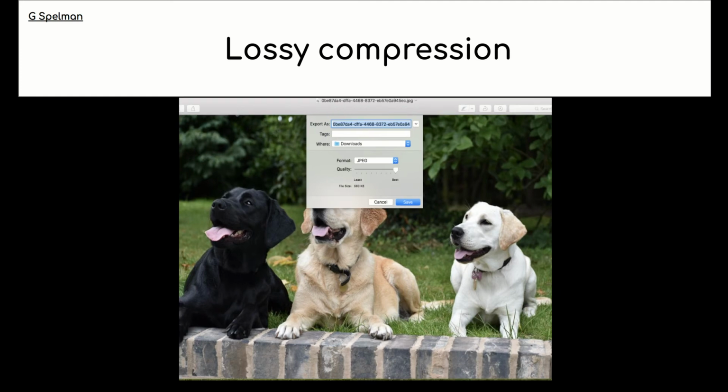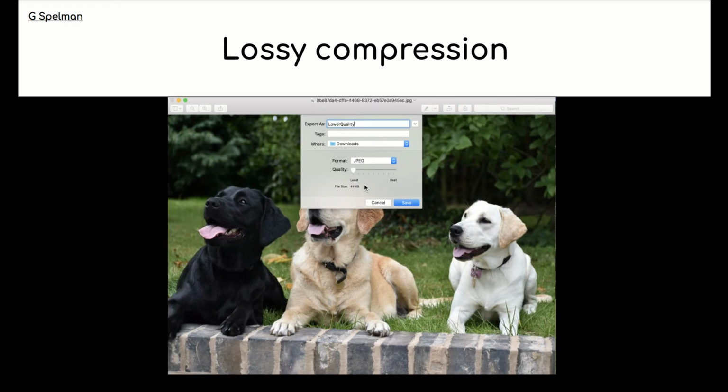So looking at that again, the higher the quality, the higher the file size. The lower the quality, the lower the file size. So by going for a very low file size here, we're losing quality, and that is an example of lossy compression.